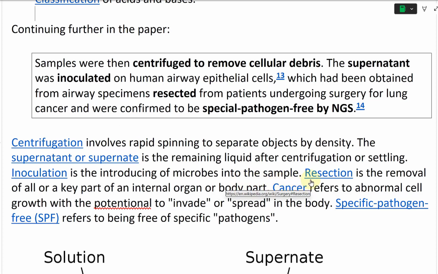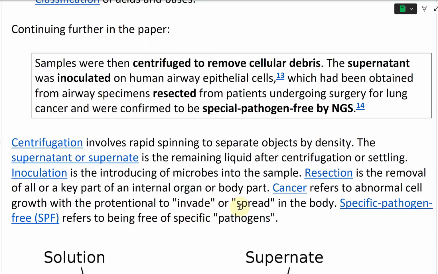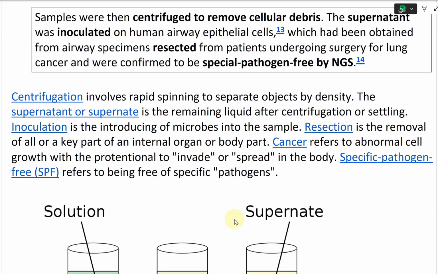Resection is the removal of all or a key part of an internal organ or body part. Again, this is a term for surgery in general. Cancer refers to abnormal cell growth with the potential to, quote, invade or, quote, spread in the body. And specific pathogen-free, SPF, refers to being free of specific pathogens.